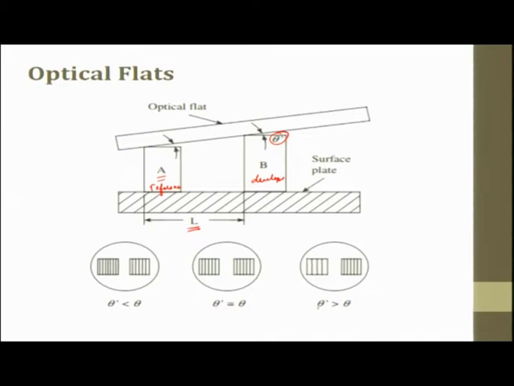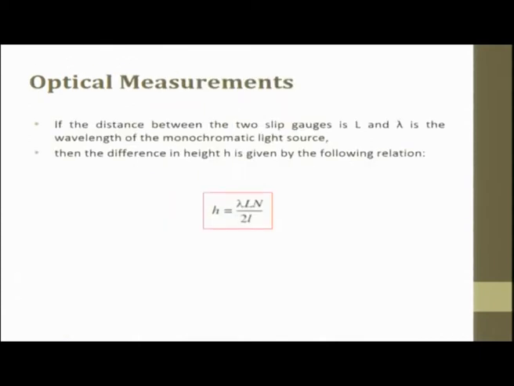If theta dash is greater than theta, then you see the gap is different between these two, and when it is less, you can see the number of fringe patterns are more or less. Just by counting the fringe patterns, we can see what the height difference between these two is.